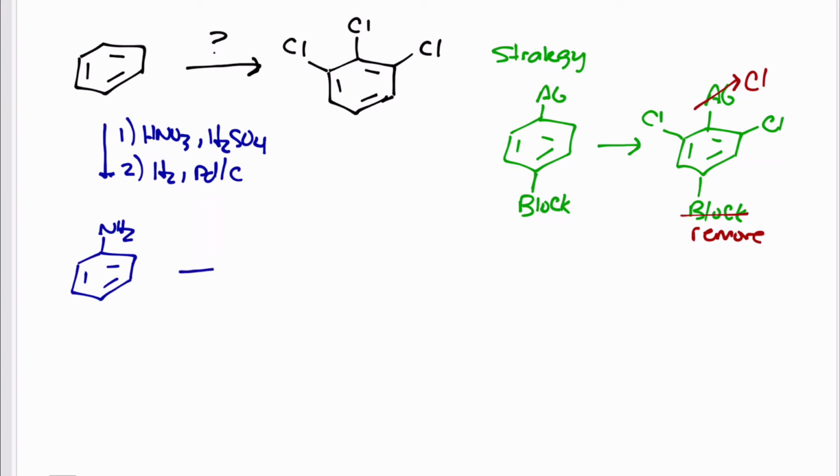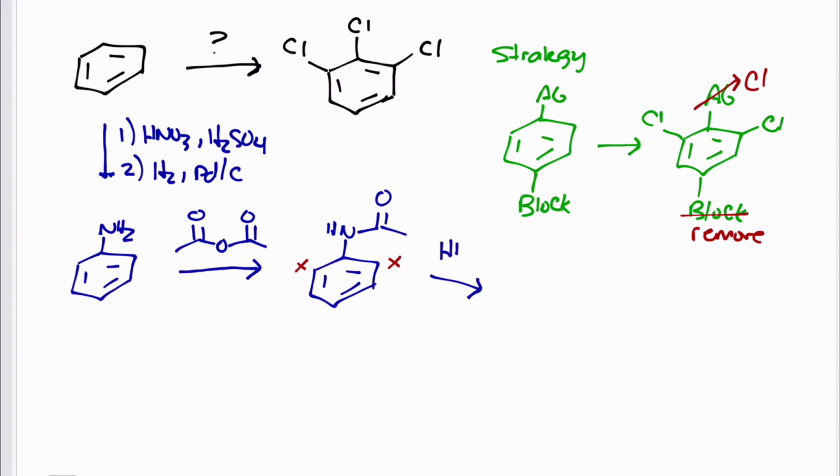We'll use acetic anhydride, and that will put this acyl group on the nitrogen. Now, this bulky group blocks out our ortho positions. So from there, we can put a nitro group selectively at the para position.